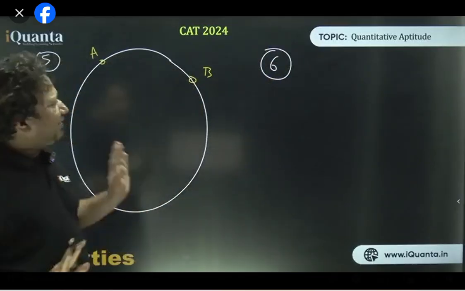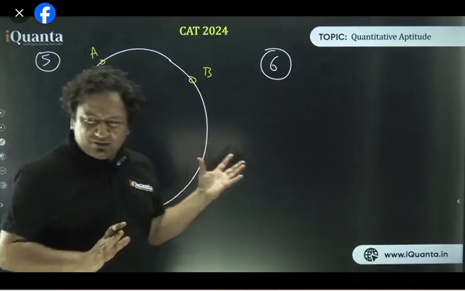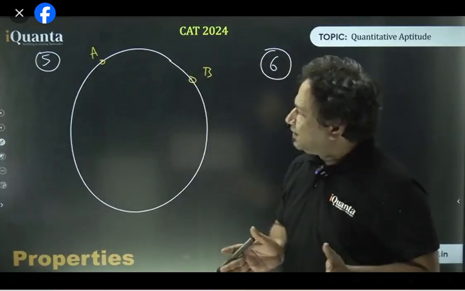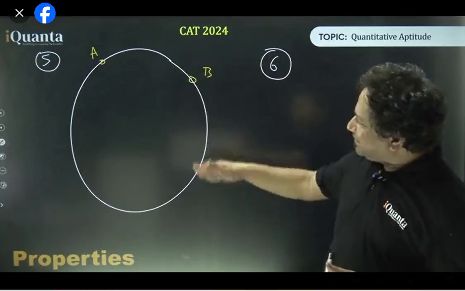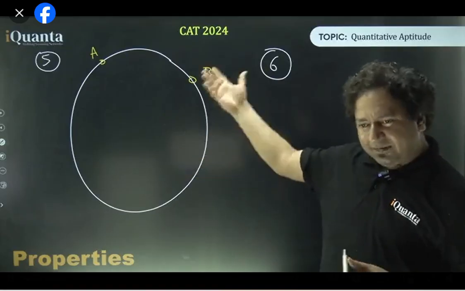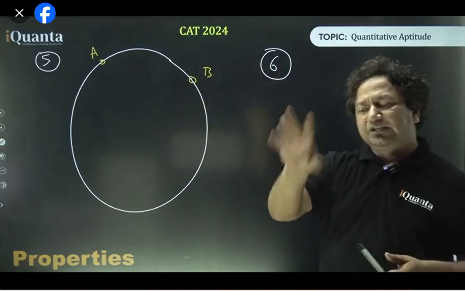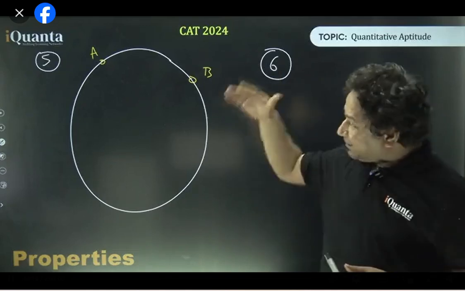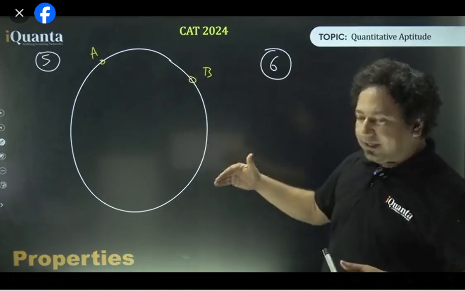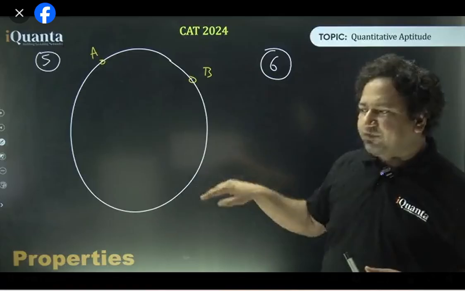Do you think I have come having memorized it? Not really. I'm deriving everything today. I have derived it before too, but I'm deriving it because it is logically clear to me. I want you guys to go logical about it. I don't want you to cram all the properties one by one. So the way I am going, there is a proper flow to it.